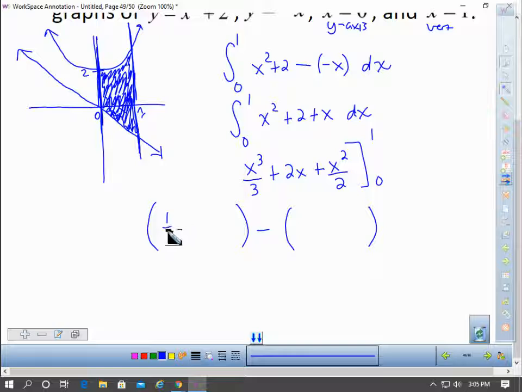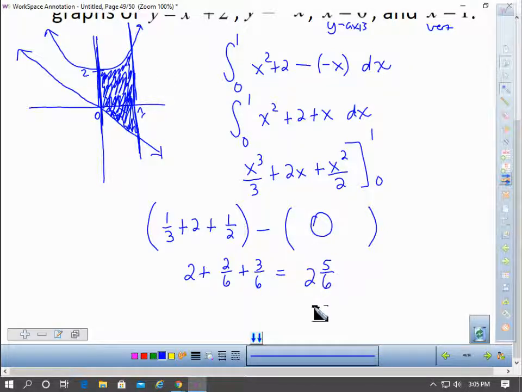So that's going to be 1/3 plus 2 plus, I'm putting 1 in, 1/2. Minus, now I'll put a 0 in, and when I put a 0 in all those, I get a big fat goose egg. So my answer is really 1/3 plus 2 plus 1/2. So if I wanted to add all this together, that's going to be 2/6 plus 3/6. So the answer is 2 5/6.